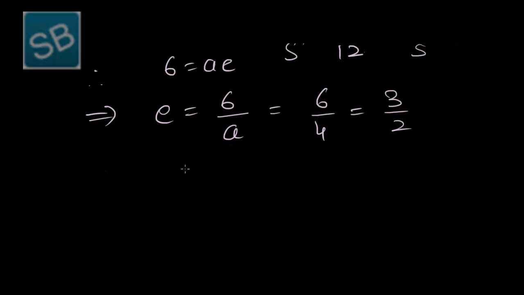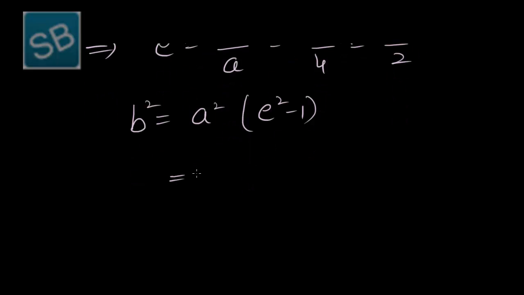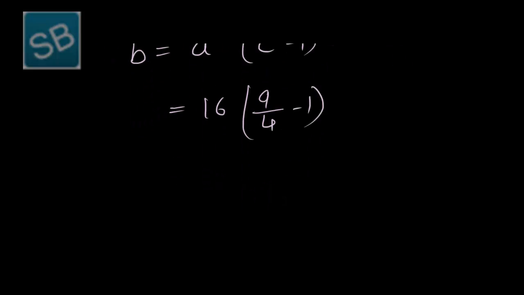As we have a and e, we can find out b. b square is equal to a square into (e square minus 1). So we get a square is 16, and e square is 9 over 4, minus 1. That gives 4 into (9 minus 4) by taking LCM.